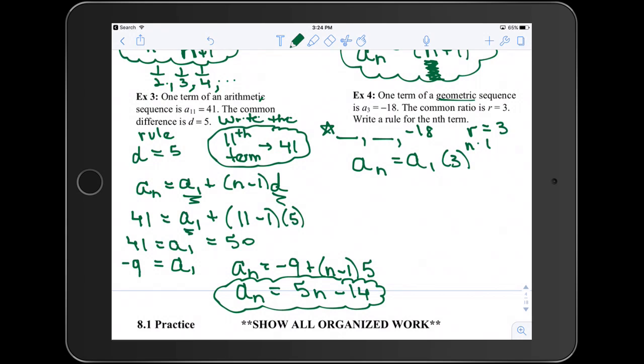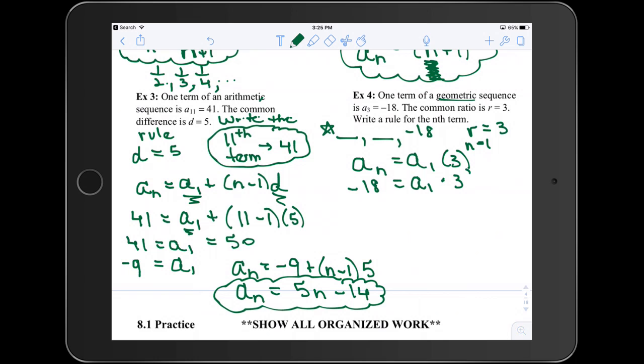This is just the general form of the geometric sequence with the common ratio of 3 in there. Now, I know that the third term is -18, so I'm going to put -18 in for a sub n. I don't know my initial value, that's my whole goal here, times 3 to the, and again, this is the third term, so I put 3 in for n.